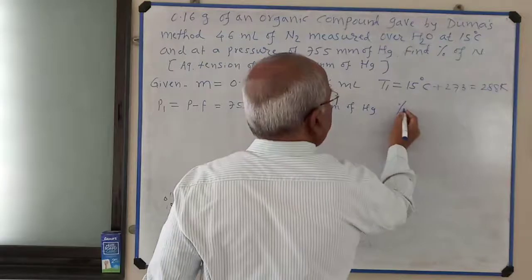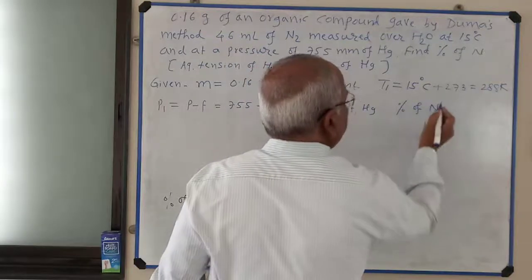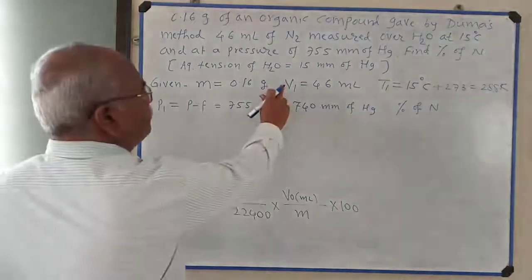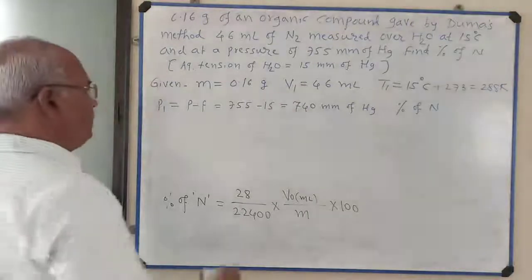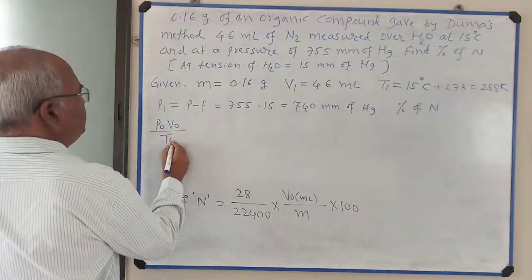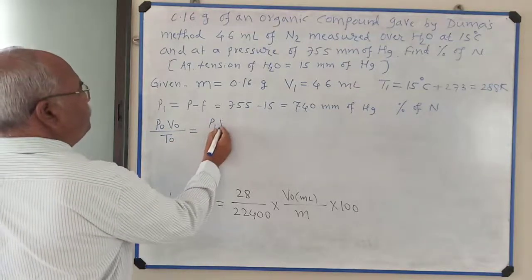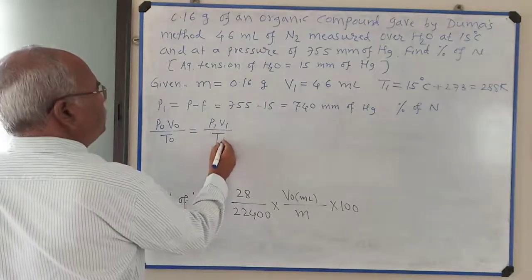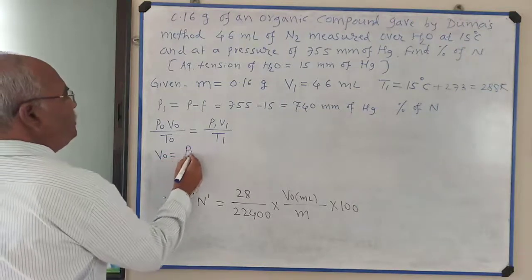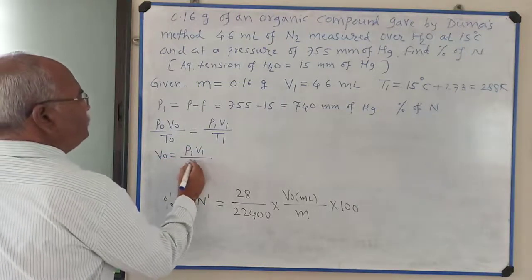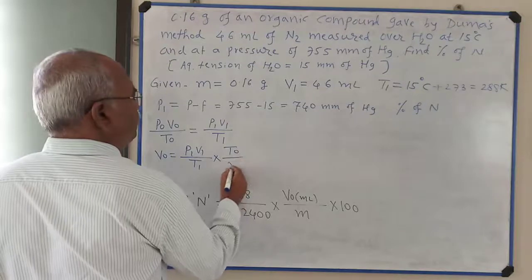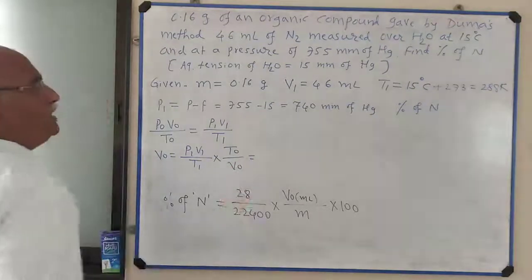Find out percentage of nitrogen. First convert Phi1 into Phi0 by using the relation P0 Phi0 upon T0 is equal to P1 Phi1 upon T1. Phi0 is equal to P1 Phi1 upon T1 into T0 upon P0. Substitute the values.